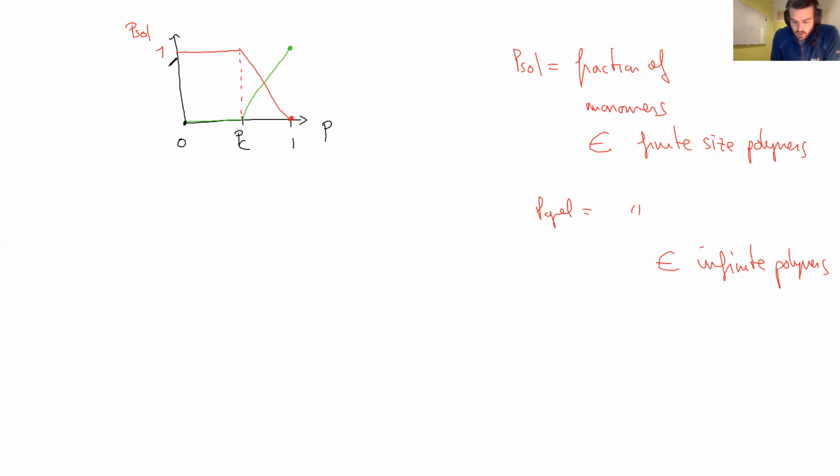So before the percolation threshold, you have only monomers here. Then suddenly you start to create molecules that are longer and longer in size on average, okay? And at some point you reach a moment where in the system you create at least one infinite long molecule. Then suddenly you start to lose monomers that belong to finite size polymers and to gain monomers that are connected to this infinitely long cluster.